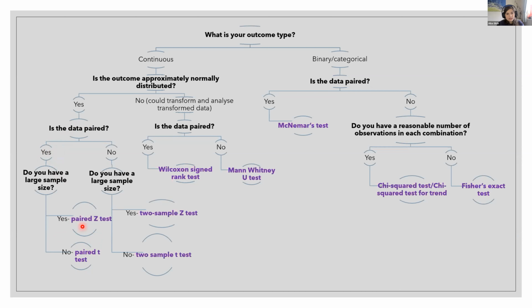Now, the difference between these two becomes very, very small when you have a large enough sample. So when you have over 20 participants, then you would have a large enough sample that your paired t-test is actually almost the same as your z-test.